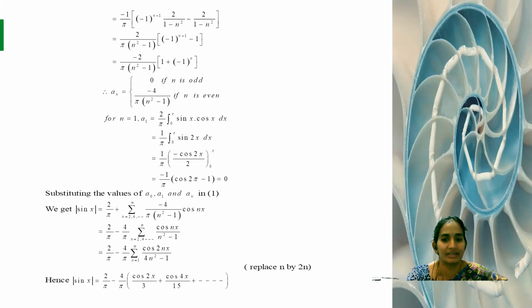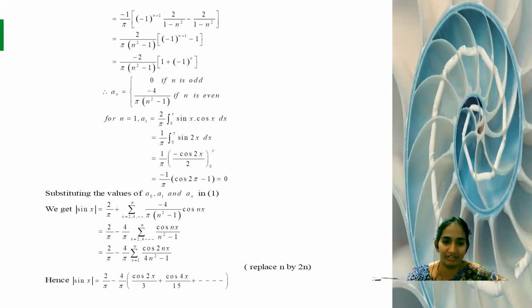Replace n by 2n. Why are you replacing n with 2n? Here n is valid only for even, odd is 0. Then only you are writing cos 2nx. That time we write n equal to 1 to infinity.